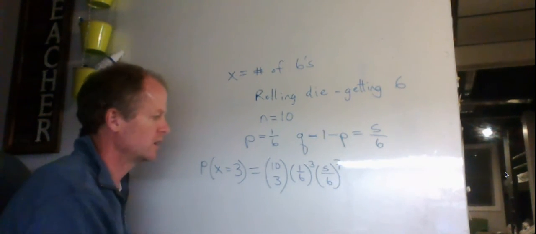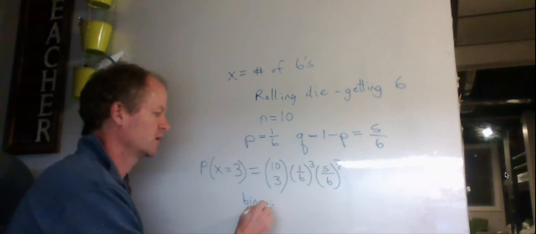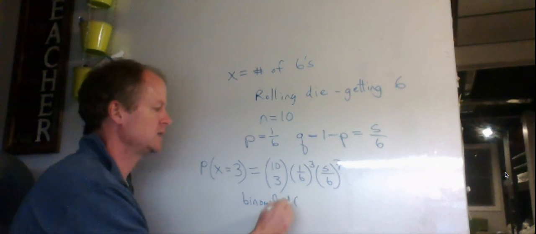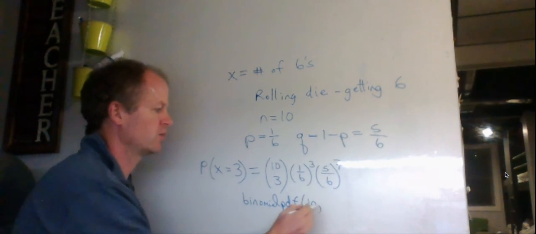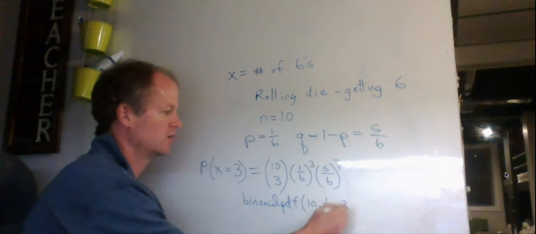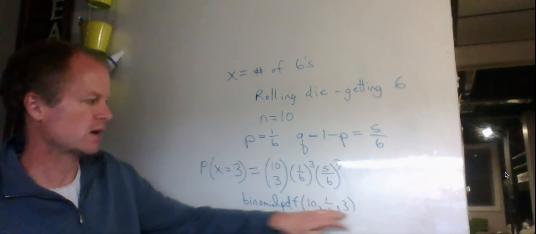That's important. Remember, on your calculator, you would say binomial. This one is PDF because it's a single event. So PDF, and then 10 is the number of trials, then 1/6, and I want to know 3. They will give you the headings in your calculator.